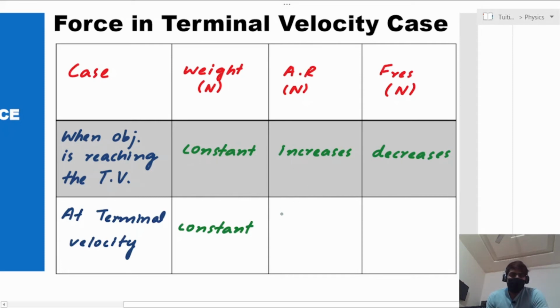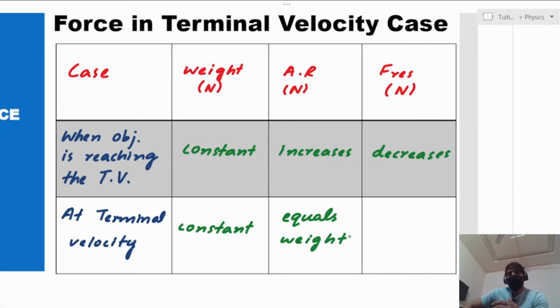The air resistance at terminal velocity equals the weight. So whatever the weight of the object was, the air resistance keeps increasing, and exactly at terminal velocity it equals the weight of the object, and that is the maximum value of air resistance that can act on the object during free fall.